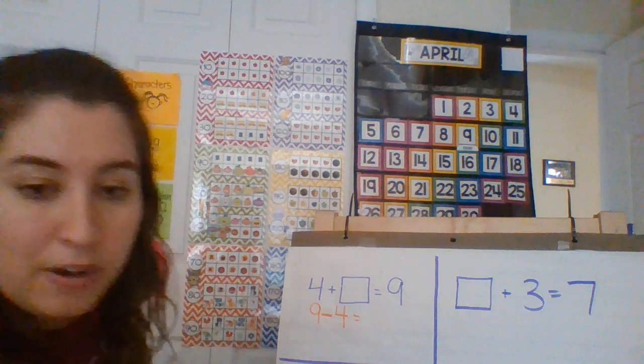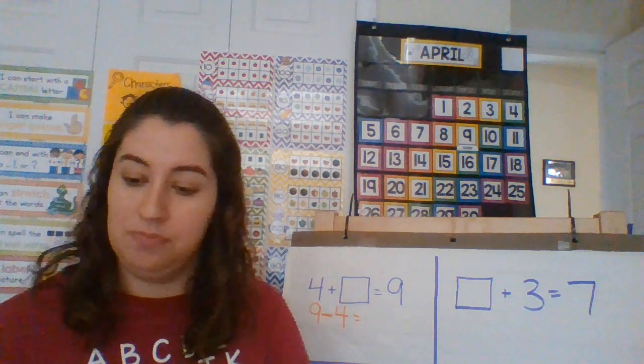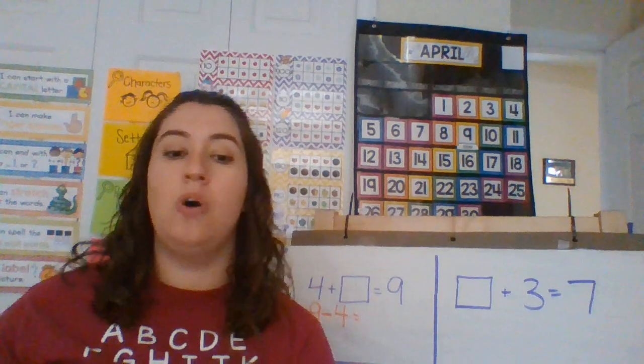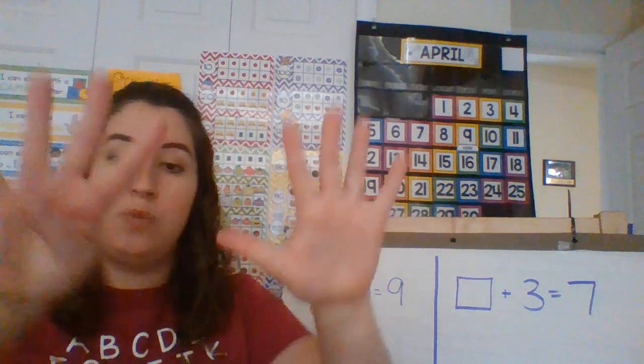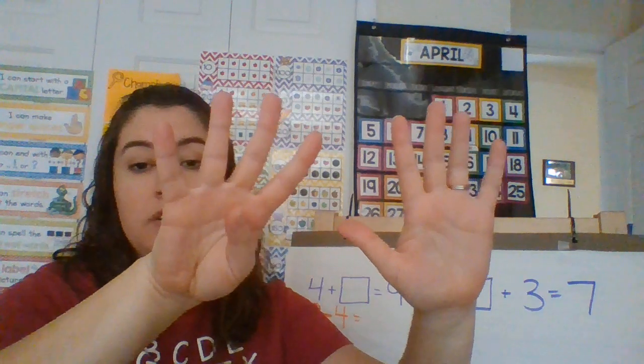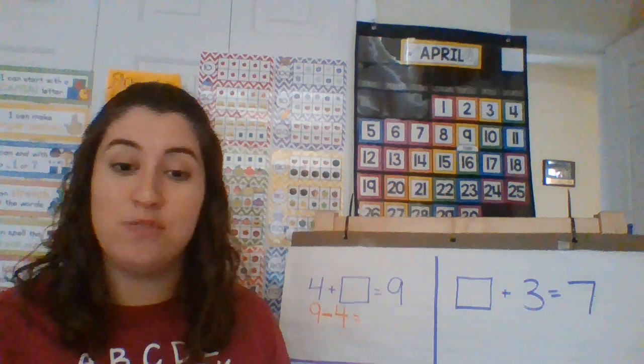So do it with me real fast. We're going to use our fingers instead of cubes today. So our whole this time, we're starting with 9. We're taking away 4 and putting them down because they went into their own group. How many are you left with? 5. You're left with 5.